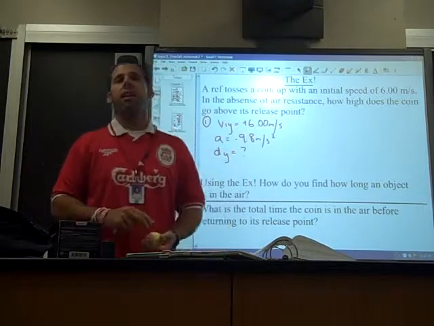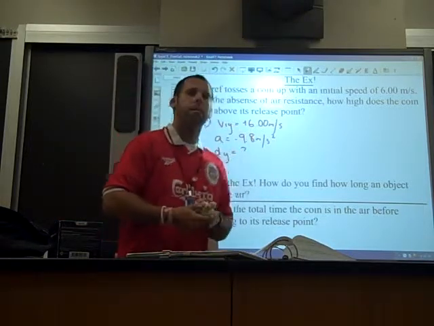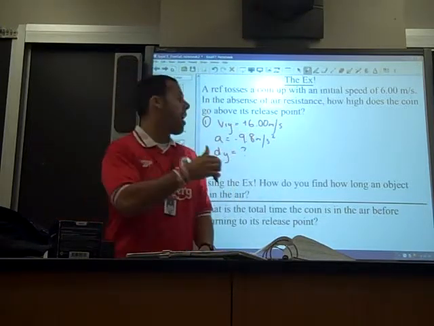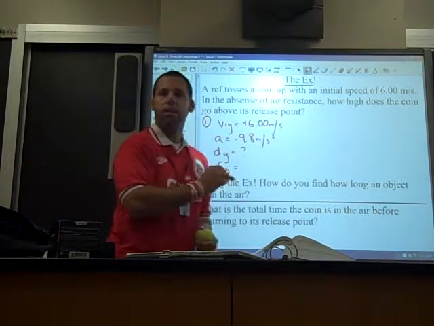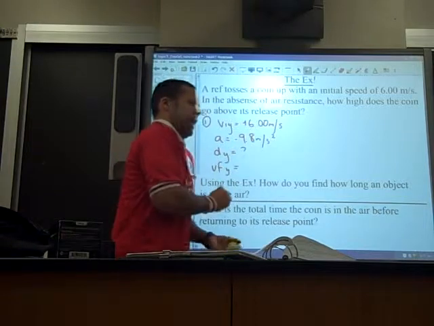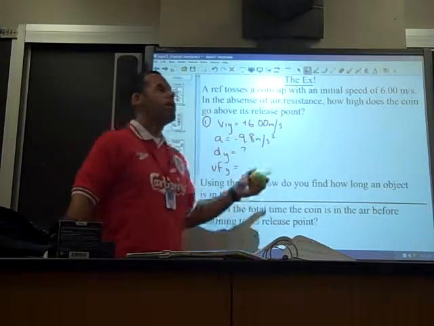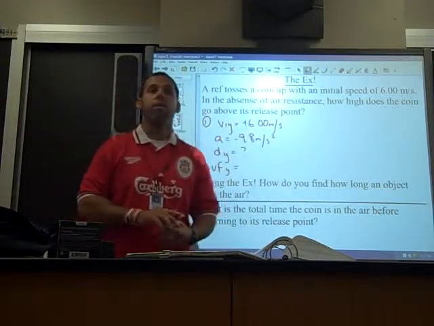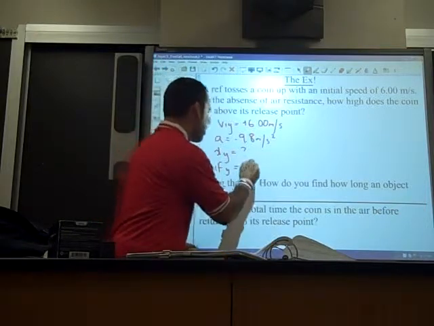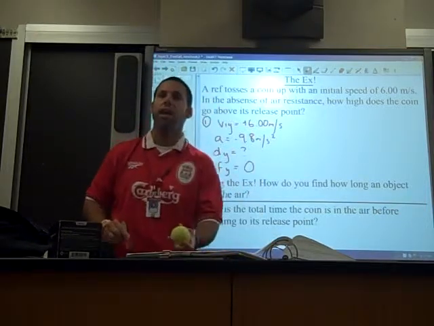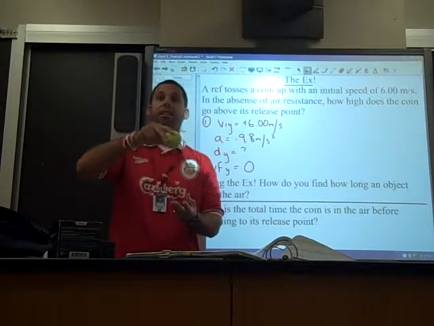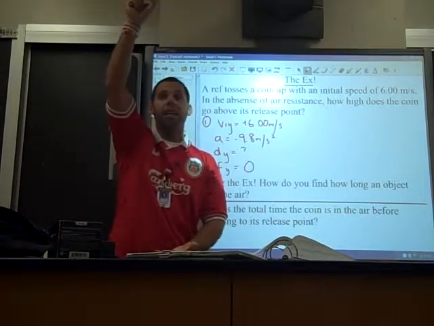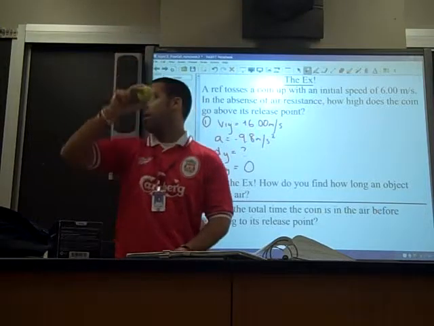It's not stated directly, but you have to pull it from the problem. It's v final. What's my v final? We're looking for the max height, how high it goes. v final y is 0. Initially it's in my hand at 6. At the max height, it stops, and your v final is 0.